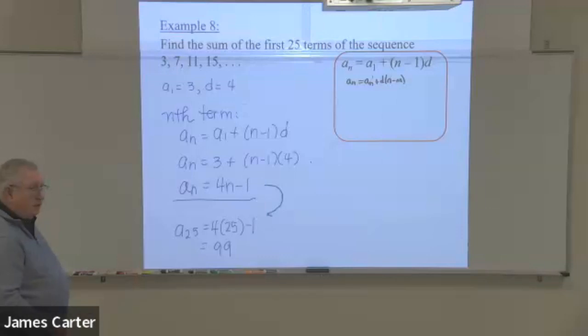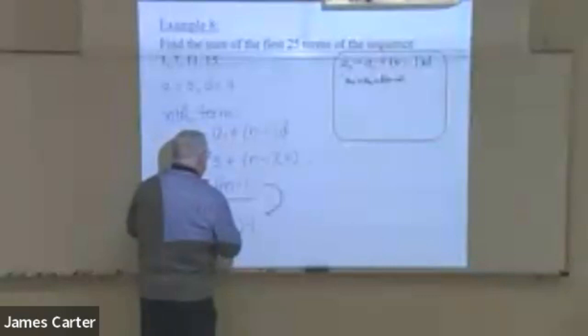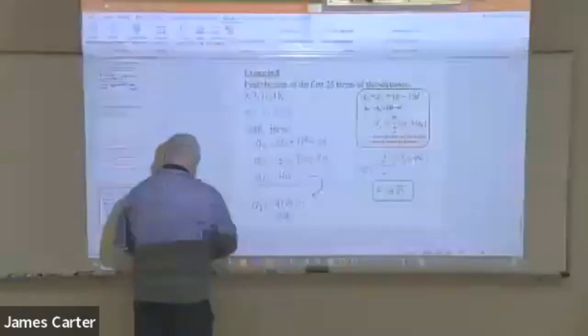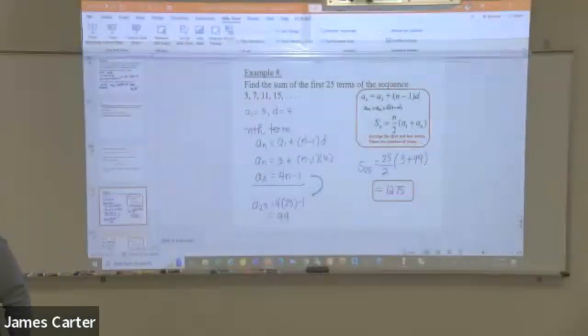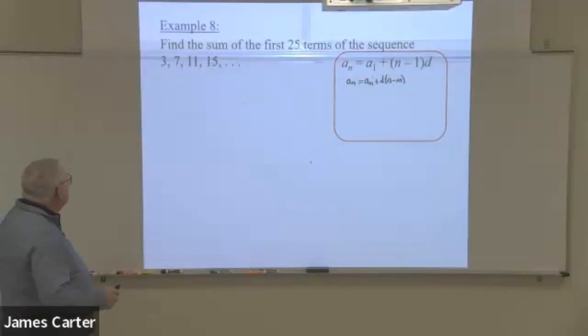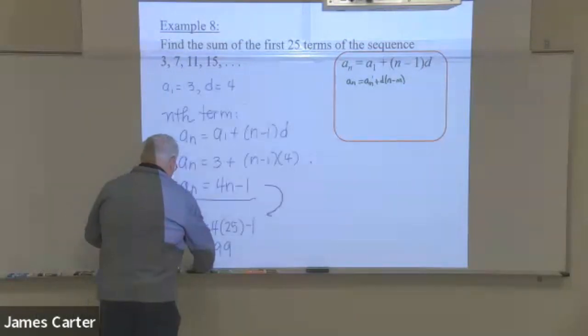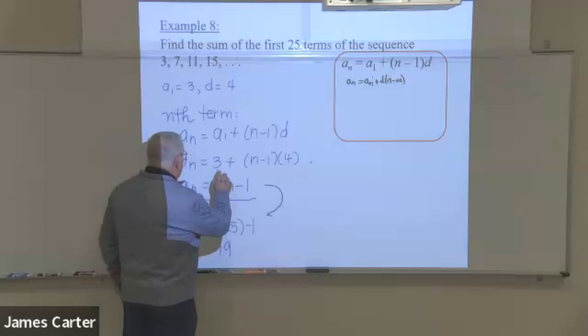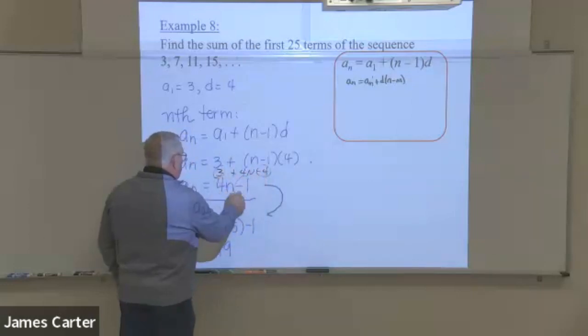Skipped a step here. Maybe I better put that in. We've got 3 plus 4n minus 4, and this gives you that.